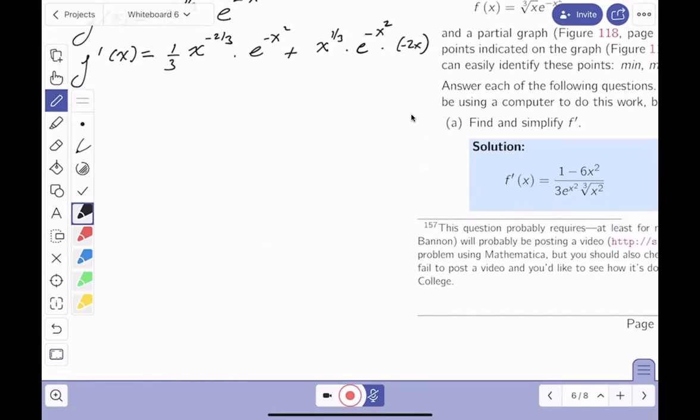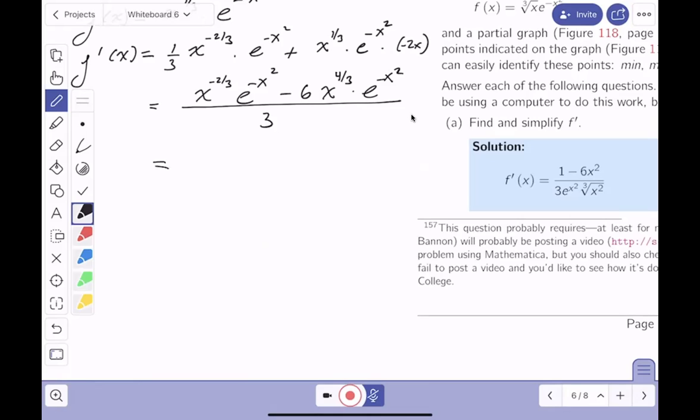I think I want to get a common denominator of 3: x to the minus 2/3 e to the minus x squared, minus 6. Let's see, x times x to the 1/3 is x to the 4/3, right? Times e to the minus x squared.